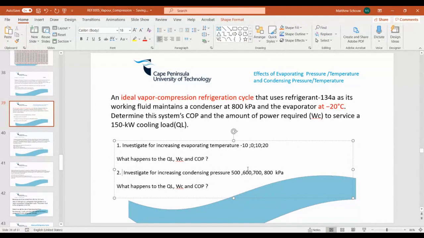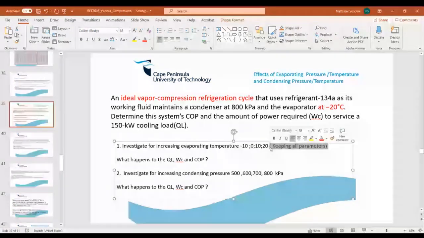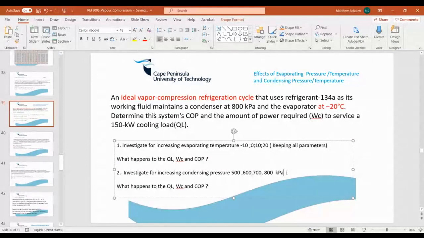It would be nice if you can take this particular example and investigate, keeping all other parameters constant, the effects of evaporation temperature, and the effects of increasing the condenser temperature, right?